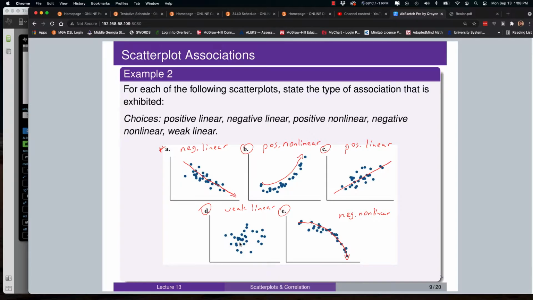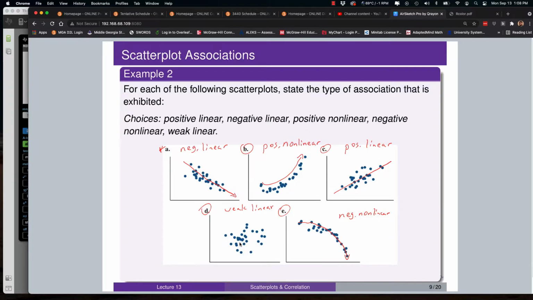Therefore, we're just going to call it weak linear. You could almost imagine drawing a line this way or this way, and it would make just as much sense. So it's hard to tell with weak linear associations which direction the line would be drawn in without actually performing regression on it.